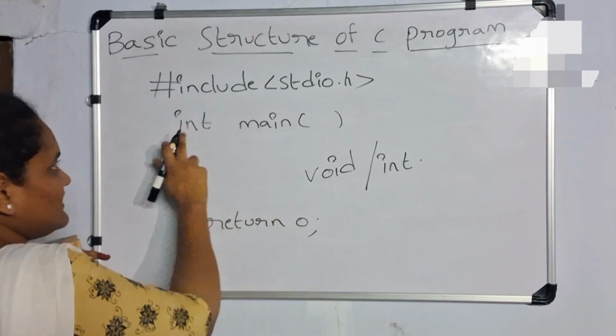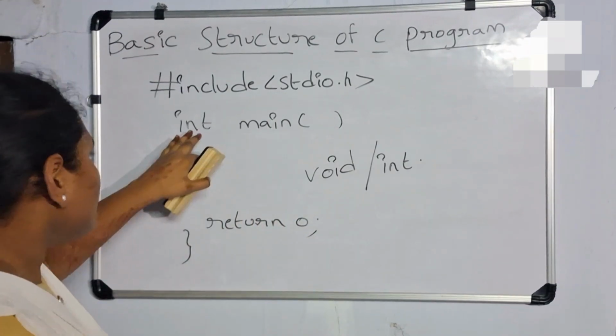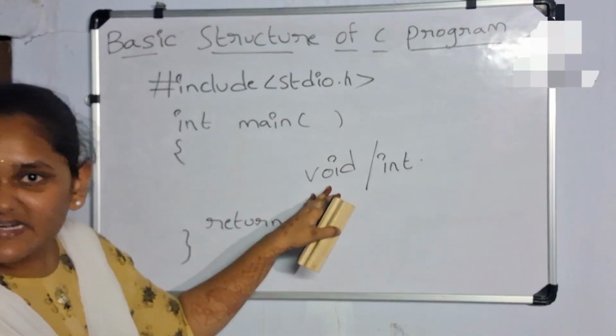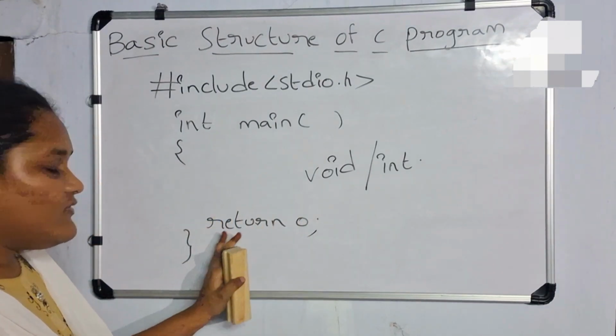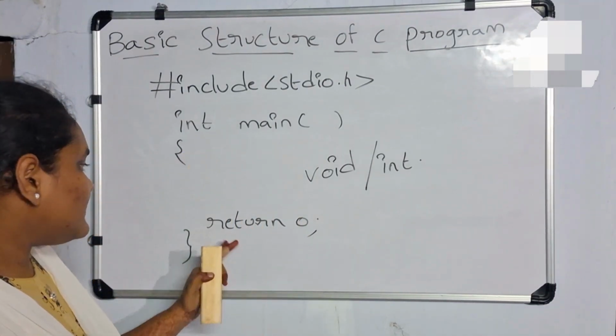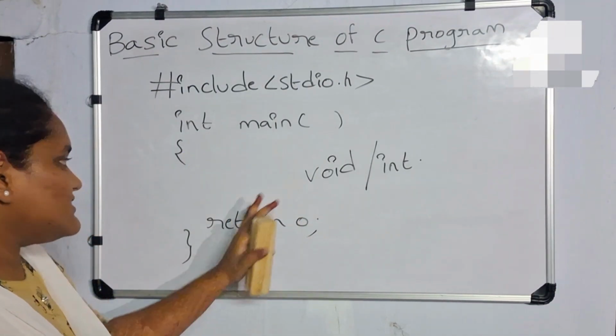Returning 0, an integer. Int basically means integer. If you write void, it means returning nothing, so we don't write a return statement.